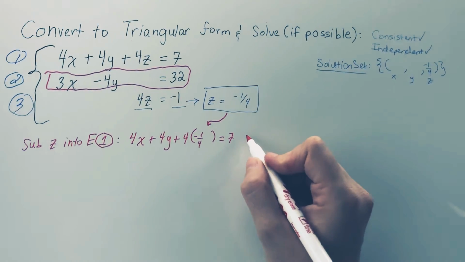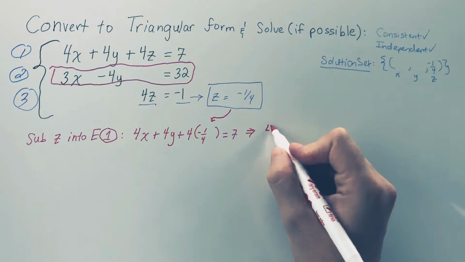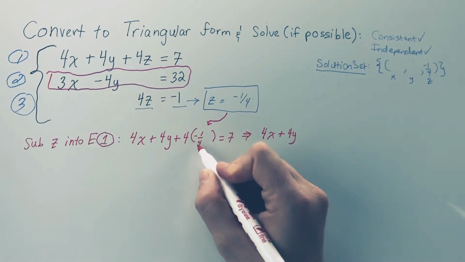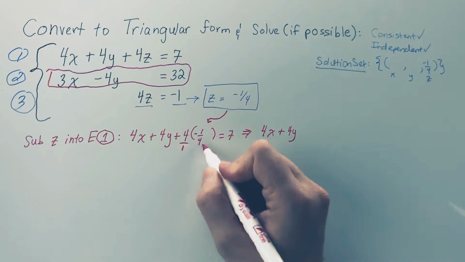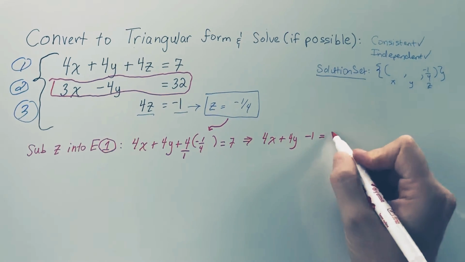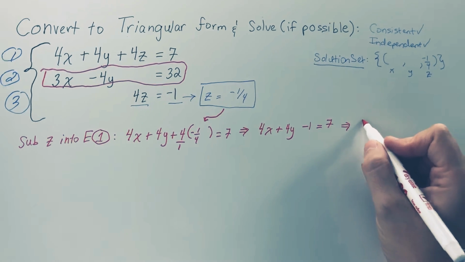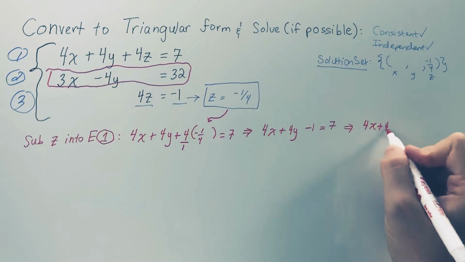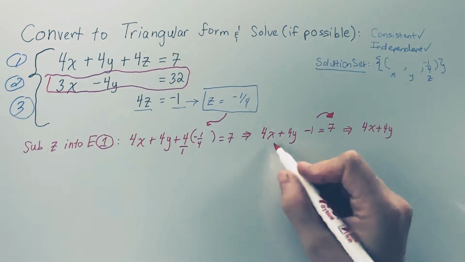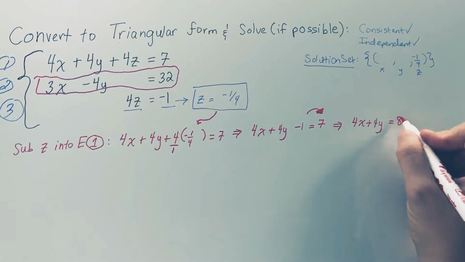When I do that, equation 1 now becomes 4x plus 4y, and 4 times -1/4 is really -4/4, or -1, equaling 7. In other words, we should have 4x plus 4y. If you move -1 to the other side of the equation, solving for just x and y on one side, we have 7 plus 1, which is 8.